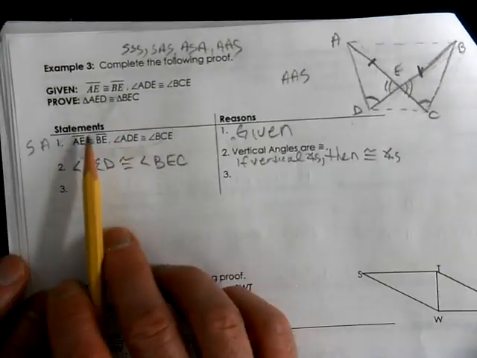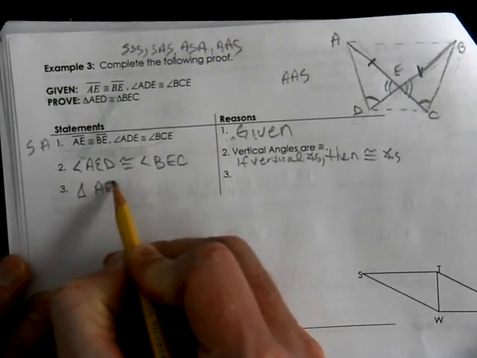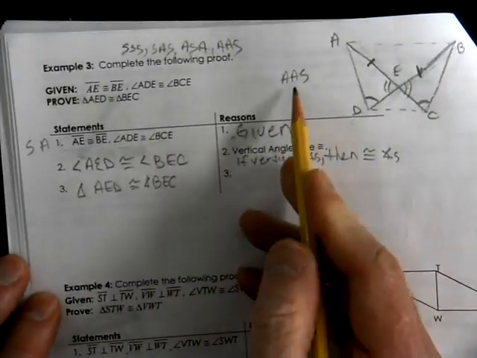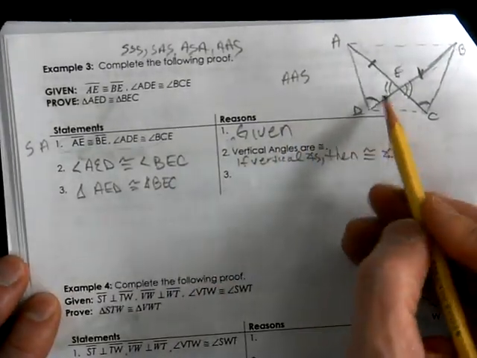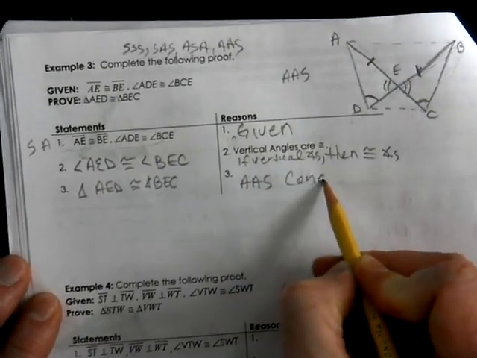Your last statement is always what you're trying to prove. Triangle AED is congruent to triangle BEC. And we've already determined that the order that we know it in is angle, angle, side congruence.